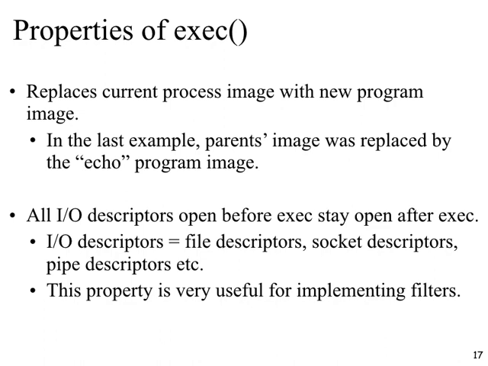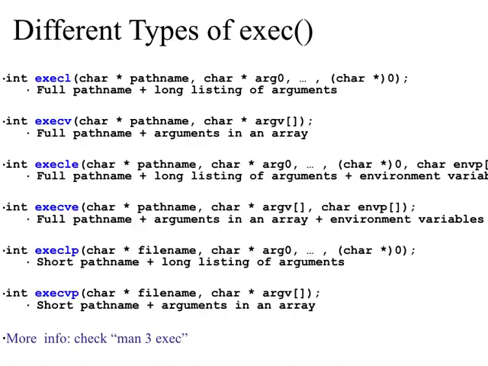So just keep this property in mind as we go forward, that after an exec operation, not everything in the original process is replaced with a new program image. The file descriptors that were opened before would remain open in the new child process, new program image, so that they can be used in some manner by the new image.